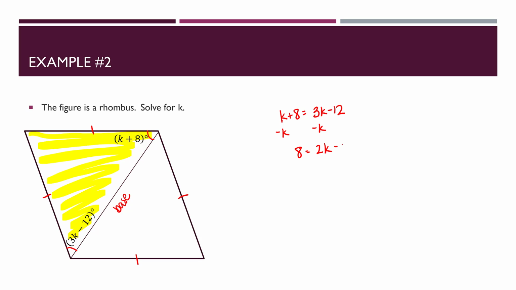So I move the k over, and then I'm going to add 12 to each side, and finally divide by 2. So 10 equals k. And again, this is because we could make an isosceles triangle here to show that we had base angles that are going to be congruent.